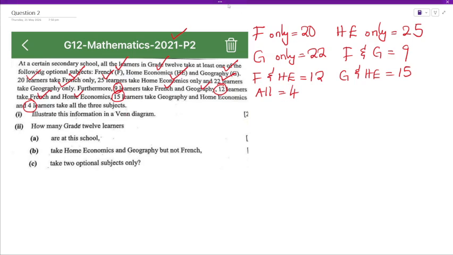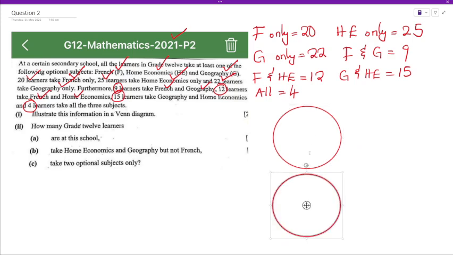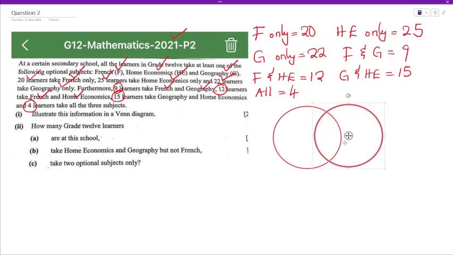Okay, we get our shape and start coming up with our Venn diagram. So that should be big enough. Then let me switch to my cursor. Copy, paste.